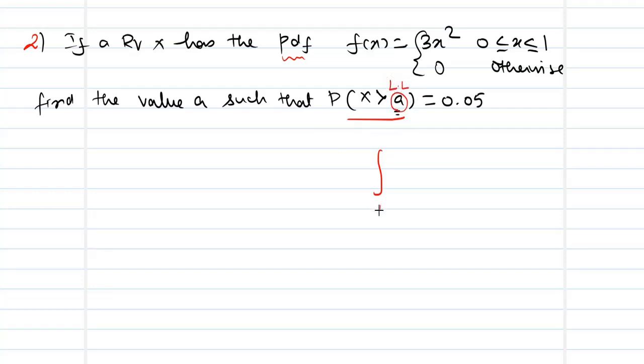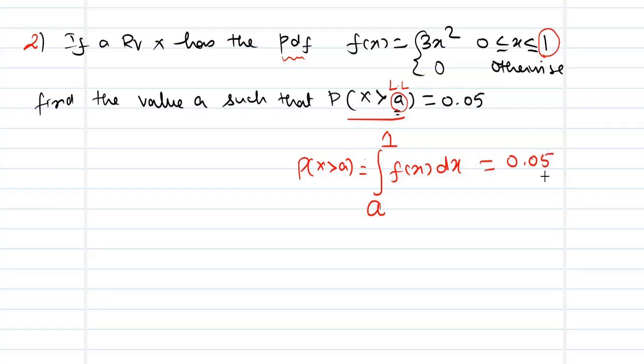So the integration varies from a to the upper limit. What is our upper limit? The function is valid for 0 to 1. So the upper limit becomes equal to 1. So it is integral from a to 1 f of x dx, which is the probability of x greater than a. But what they have said is that this is equal to 0.05.